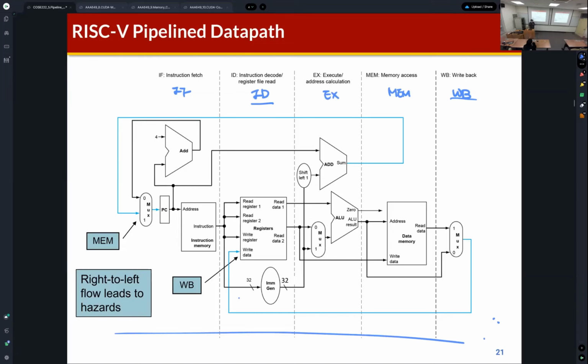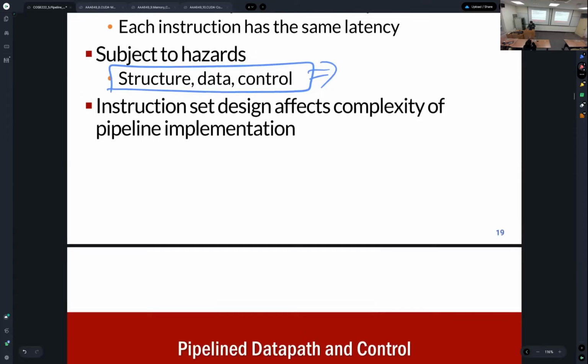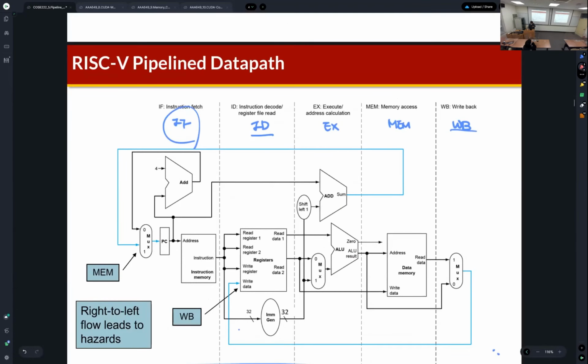So this is the structure of the single cycle processor. Then how can we implement the pipeline architecture? There are 5 steps here, so we can split them.